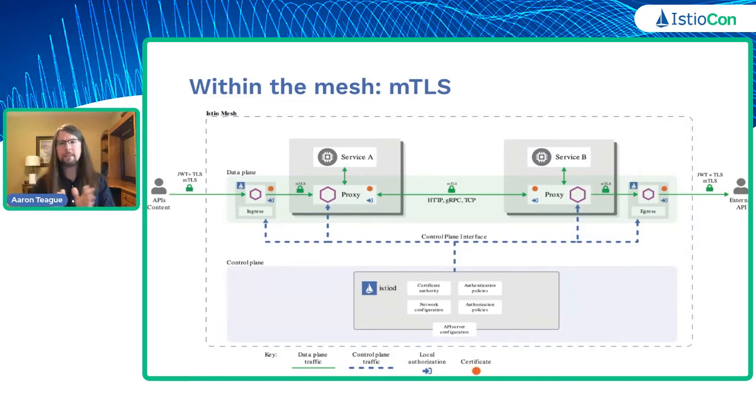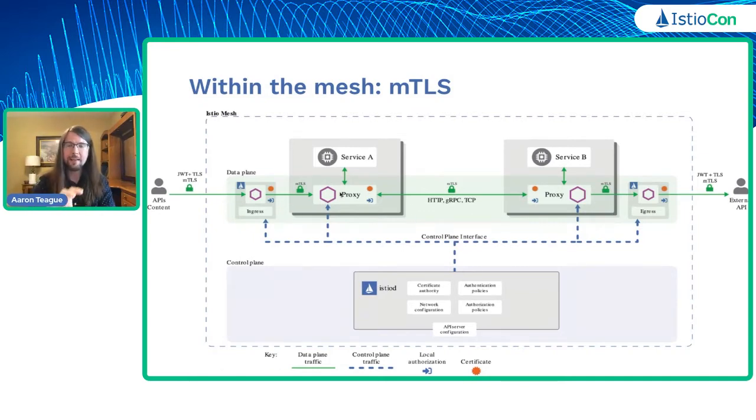Keeping at the surface, Istio provides a form of authentication and authorization by default within the mesh, and that is using mutual TLS. Whenever you have a pod or multiple pods controlled by Istio, containers are injected into those pods.